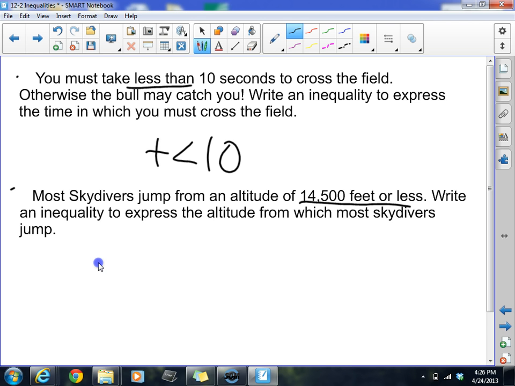So it's going to look like this. I'm going to put A for altitude is going to be less than or equal to 14,500 feet. Okay? So it can include 14,500 feet. So they can jump from 14,500 feet, or they can jump from less. And so this inequality symbolizes 14,500 feet or less.